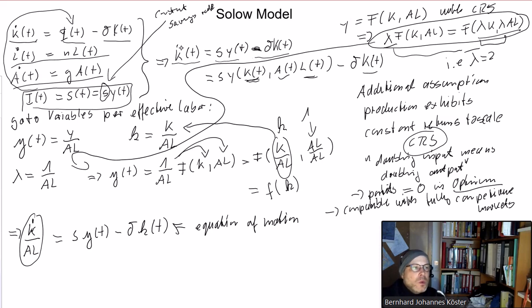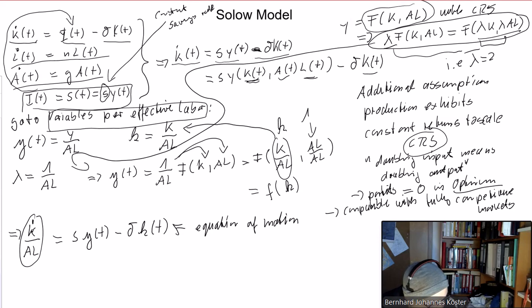Well, and now we transform our model into a description with variables per effective labor. So we divide our whole model by A times L. And for this, we also assume that production exhibits constant returns to scale.